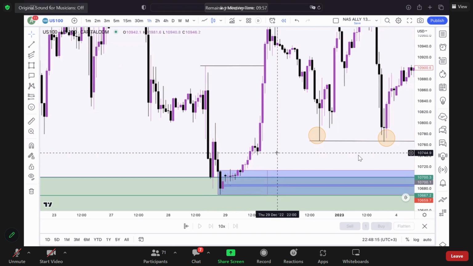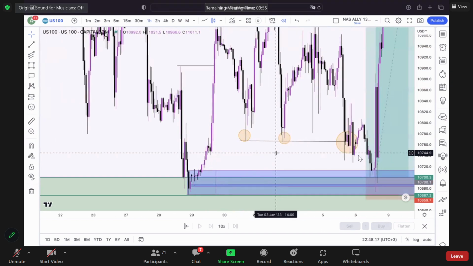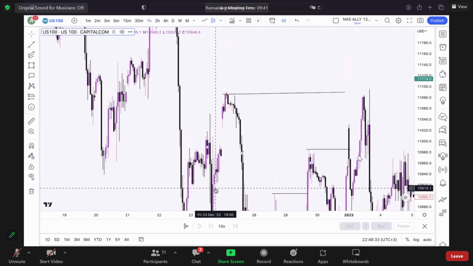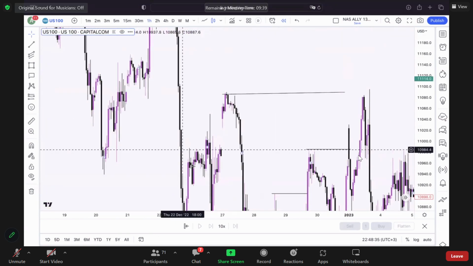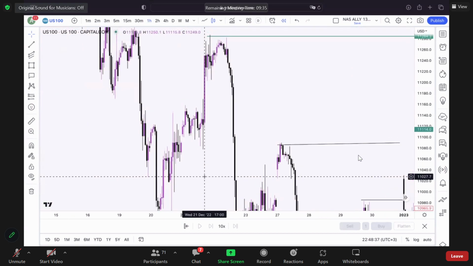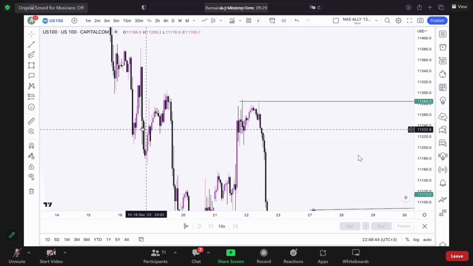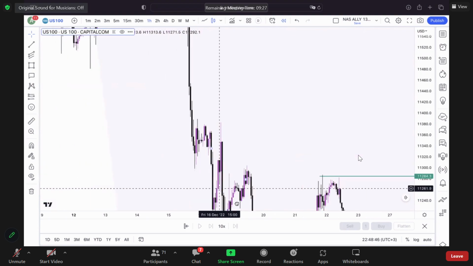Ali: With the order blocks, do we include the wicks or is it just the bodies? Yeah, you include the wicks. And usually, guys, you don't want to see an order block that has a very small body and very small wicks.